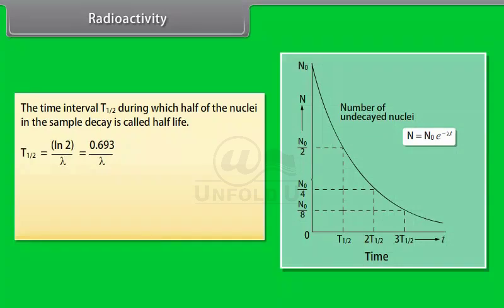T-half = ln 2/λ = 0.693/λ. The mean or average life of a radioactive material is τ = 1/λ.